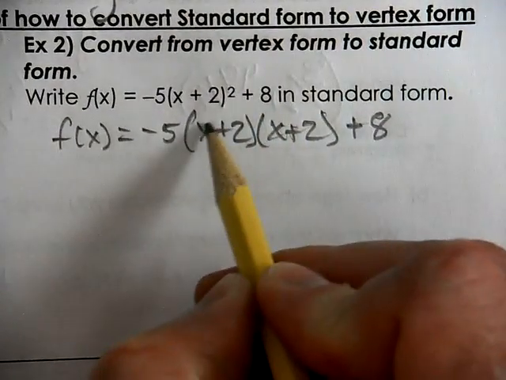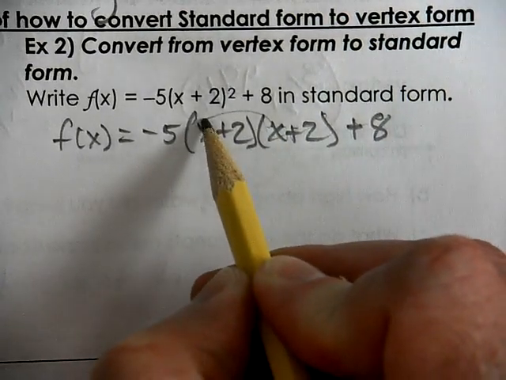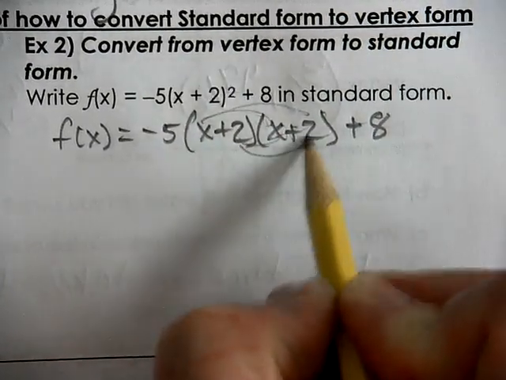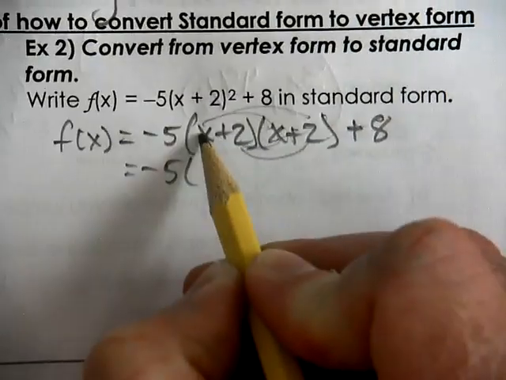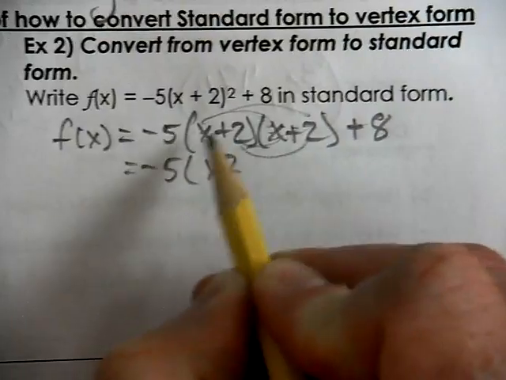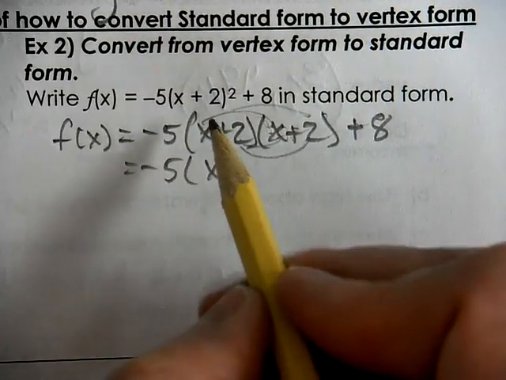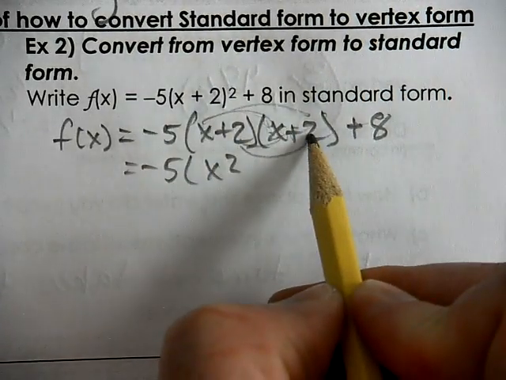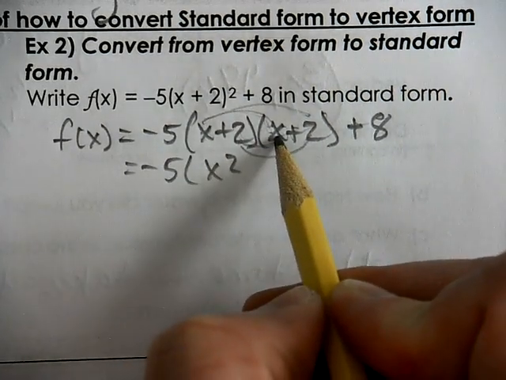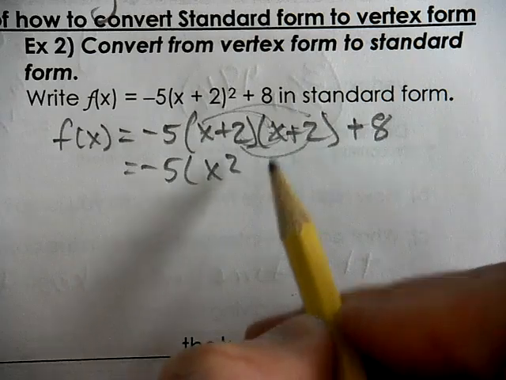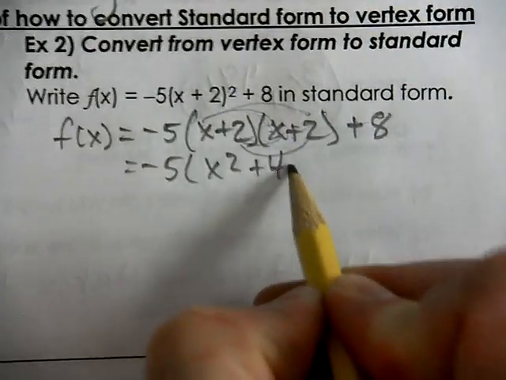Now we're going to go back to that FOIL. The first, the outer, the inner, the last. So this is negative 5. X times x is x squared. Now you can speed this up if you want. X times 2 is 2x, and 2 times x is 2x. So that's a total of 4x.